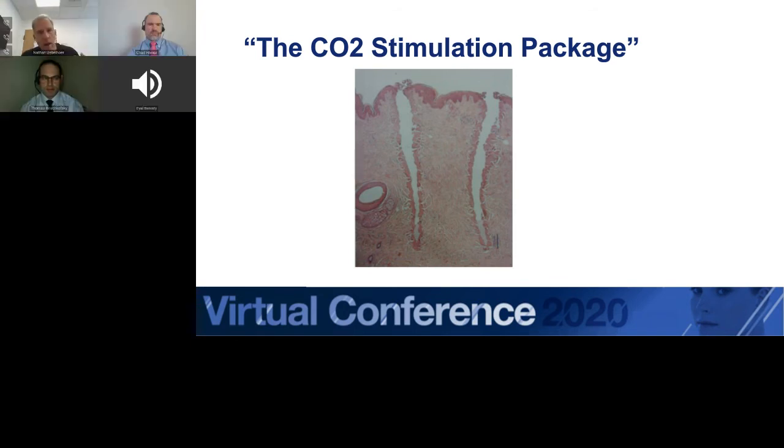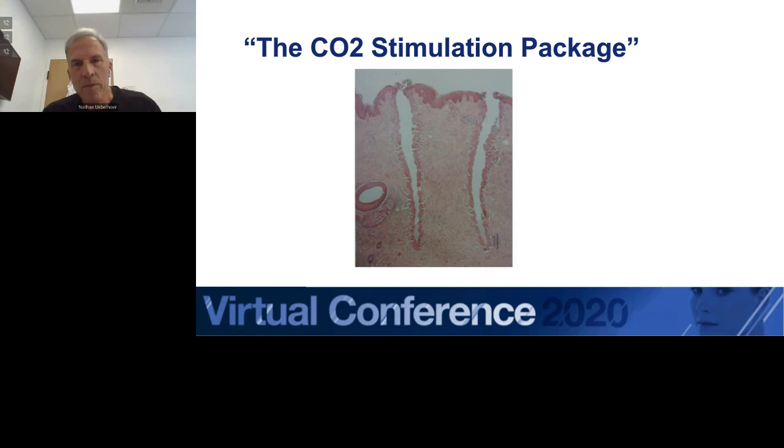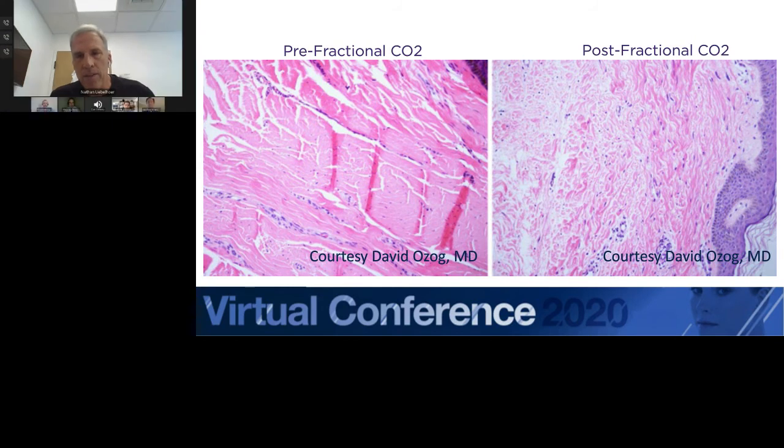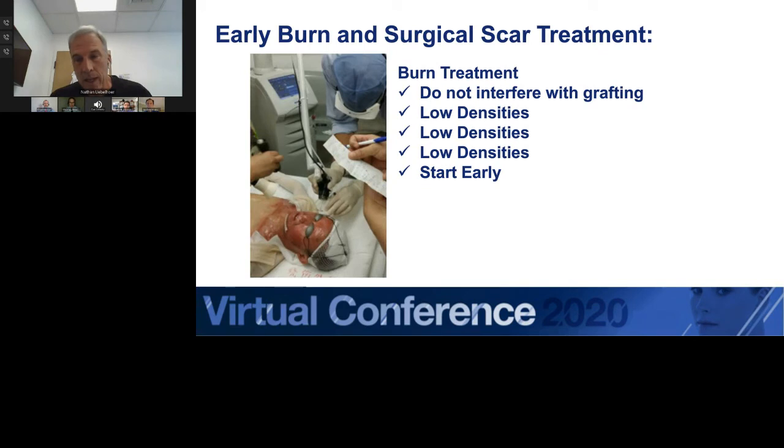And when you use this properly and use it with low density, you end up getting, as Dr. Ozog has shown, and Chad just showed this previously, that change of a scar-looking collagen to a more normal collagen. And that then translates into less tension on the skin, better pliability, and often better aesthetic as well.